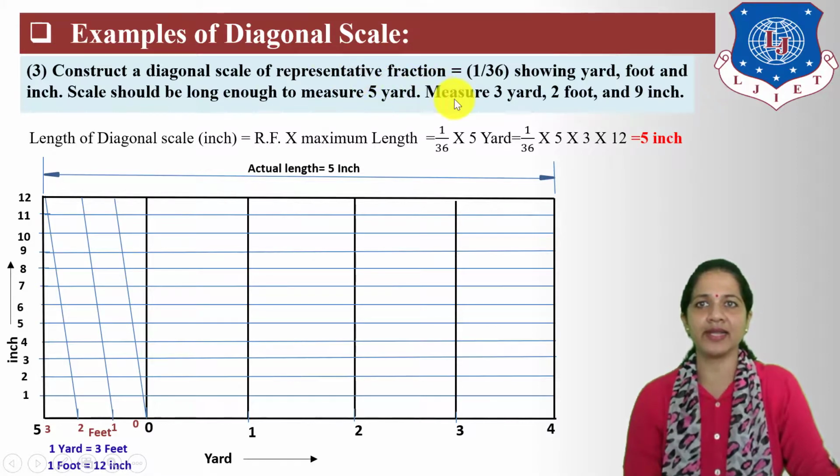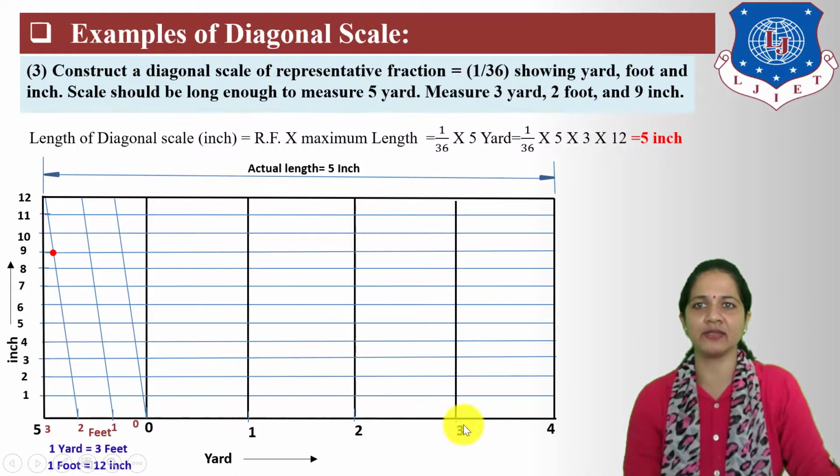Now as per the given data, measure 3 yard, 2 feet and 9 inch distance. So first select the smallest unit, the 9 inch line. Next the 2 feet line, which is indicated here on the 9 inch line.